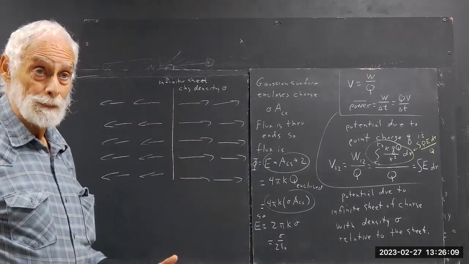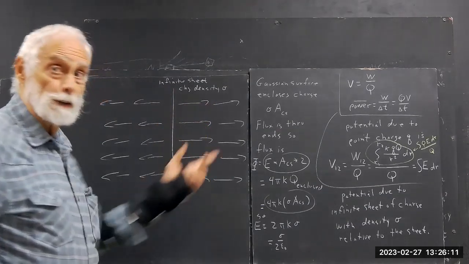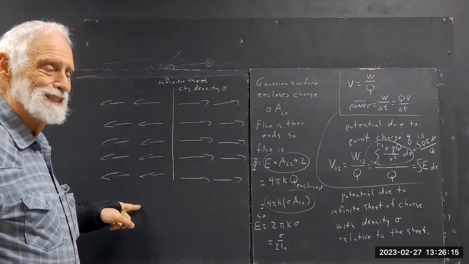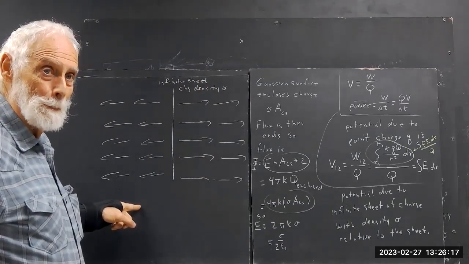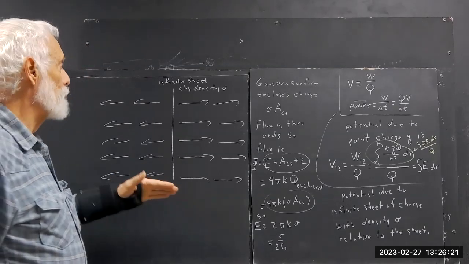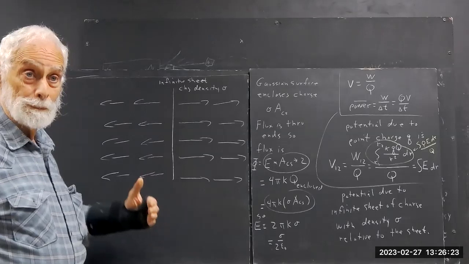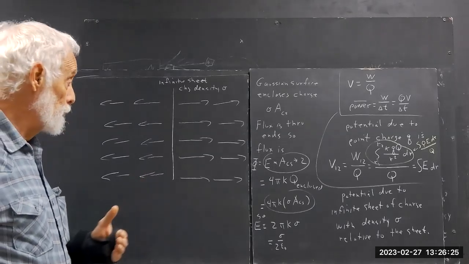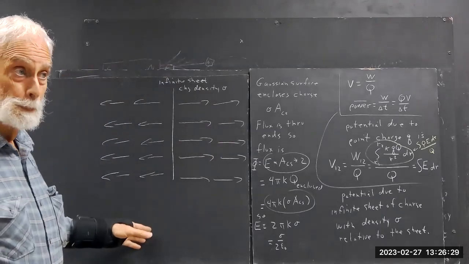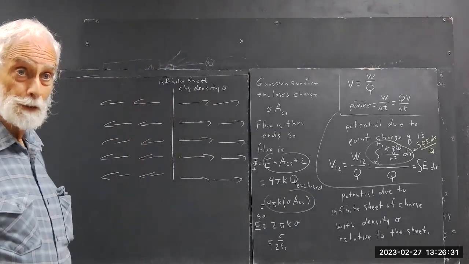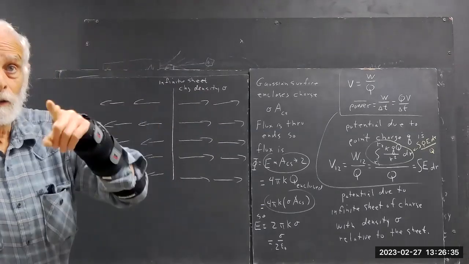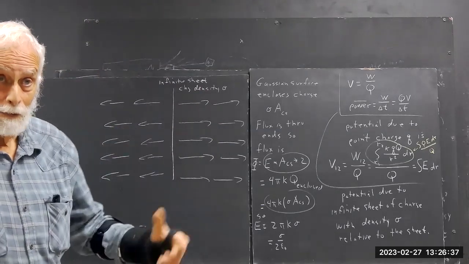As long as the field is straight away from the sheet, even a finite sheet, this model holds. Now, if I go out to the end of the room, this is no longer going to simulate an infinite sheet. The field is not directly away from it, or at least not perpendicular to it. It becomes closer to a point charge than an infinite sheet, and then everything's radial. Even if I go up there, it's in this direction, down there, it's in this direction.